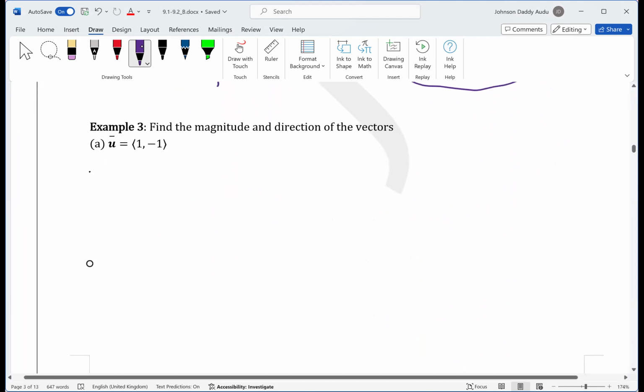Look at this one. It says find the magnitude and the direction of this vector u. We'll start with the magnitude.